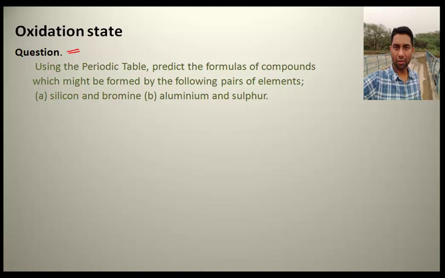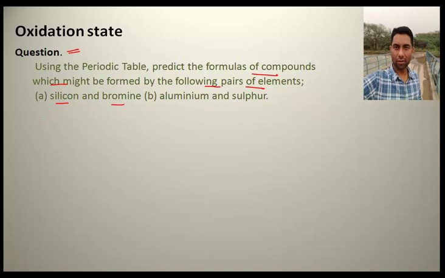Using the periodic table, predict the formulas of compounds which might be formed by the following pairs of elements. This is the question. Now, silicon and bromine, aluminium and sulfur.